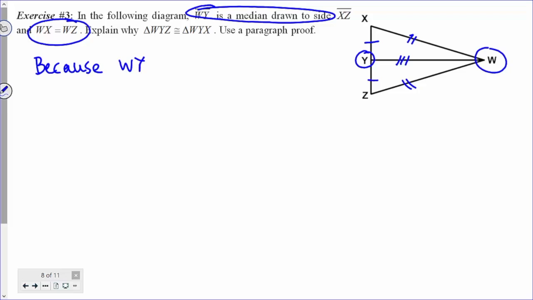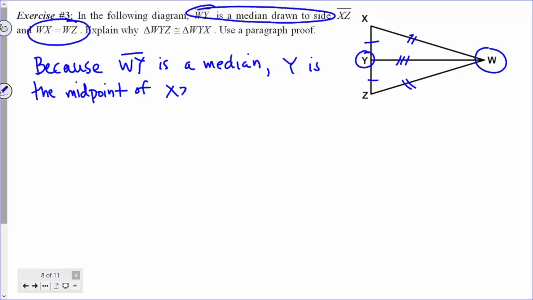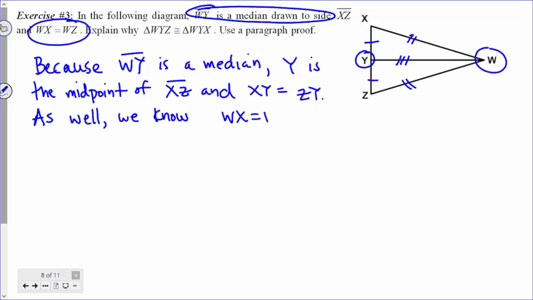Because WY is a median, Y is the midpoint of XZ, and XY is equal to ZY. As well, we know WX equals WZ because it was given.